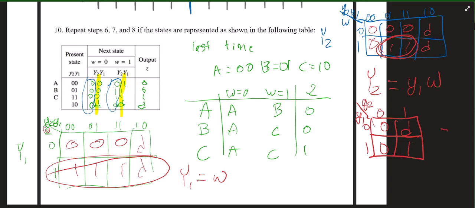So for Z, we have that, and so I can get this expression. This top was Y2, so this tells me Z is Y2. So now I have Y1 is W, Y2 is Y1W, and Z is Y2, and we can see this would make a simpler circuit.